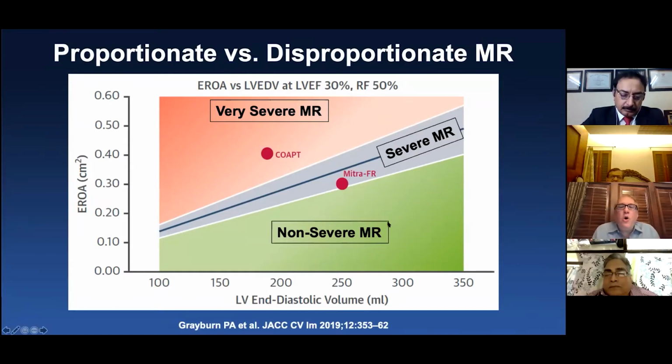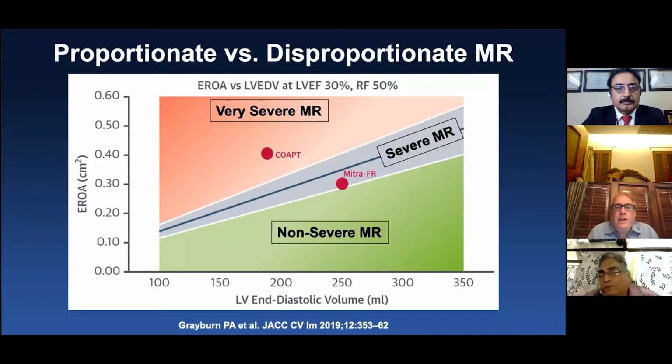Now, in the COAPT trial, we limited the size of the left ventricle that could be enrolled to a left ventricular end systolic volume of less than 7 centimeters. And we also required severe mitral regurgitation by the multiparametric United States American Society of Echocardiography criteria.